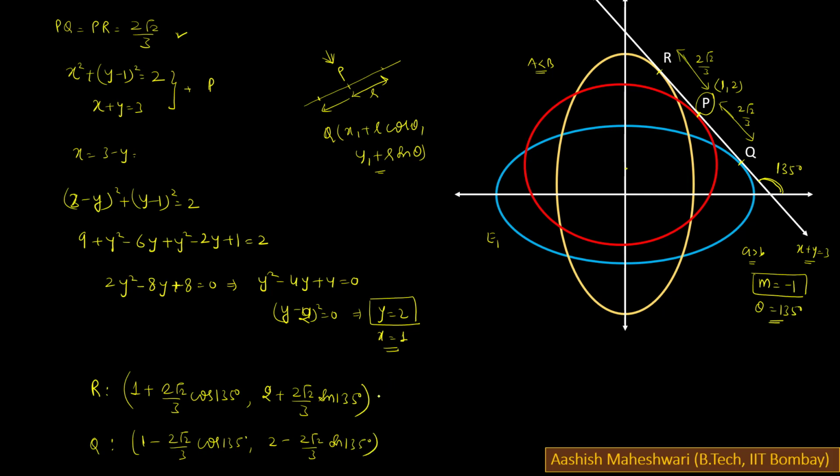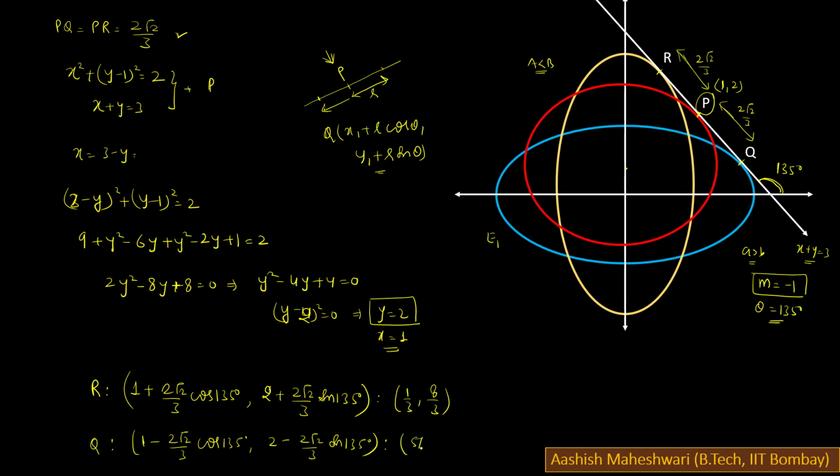Okay, so we can just simplify this. Cos 135 is minus 1 by root 2. So this will be 1, if I cancel this, 1 minus 2 by 3, which is equal to 1 by 3, and sine 135 is 1 by root 2, so 1 by root 2 will be cancelled, and this will become 6 plus 2, that is 8 by 3. And similarly, if I check this, cos 135 is minus 1 by root 2, so it will cancel, and this will be 5 by 3.